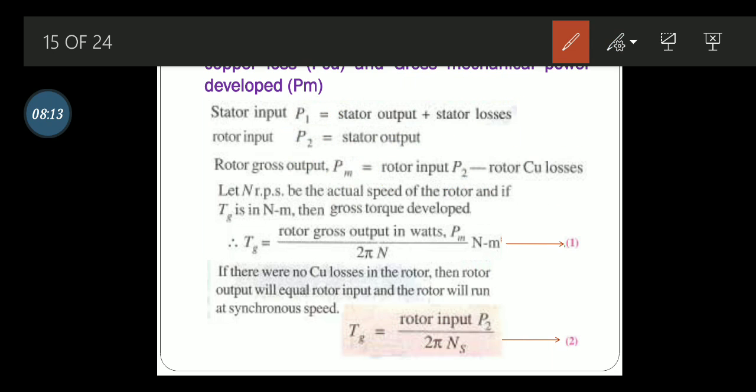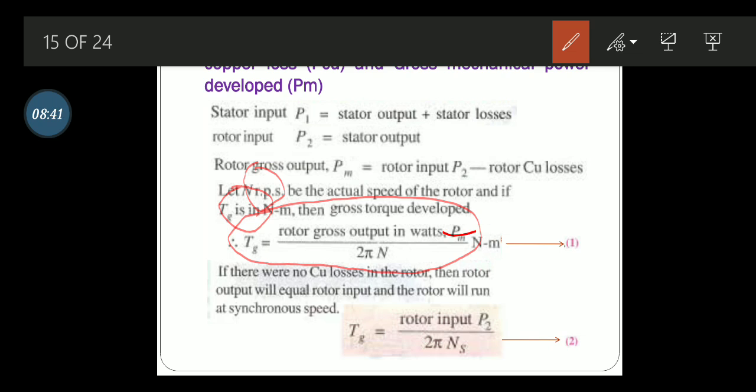Now let us consider the speed of the rotor. Let n rps be the actual speed of the rotor, and let Tg be the gross torque developed in the rotor. Tg is equal to the rotor gross output in watts, that is Pm, divided by 2 pi n.